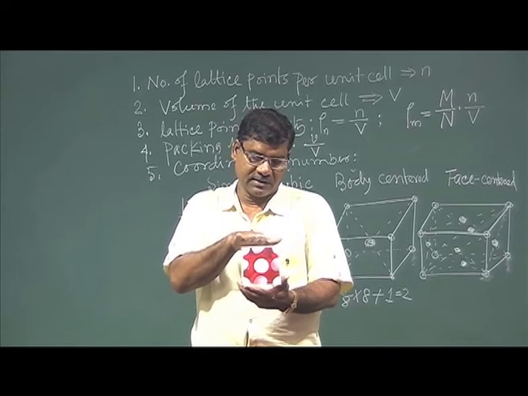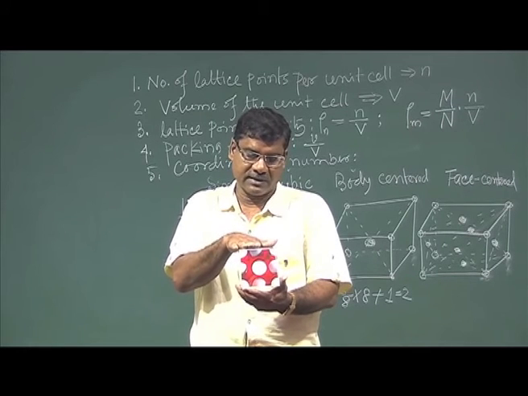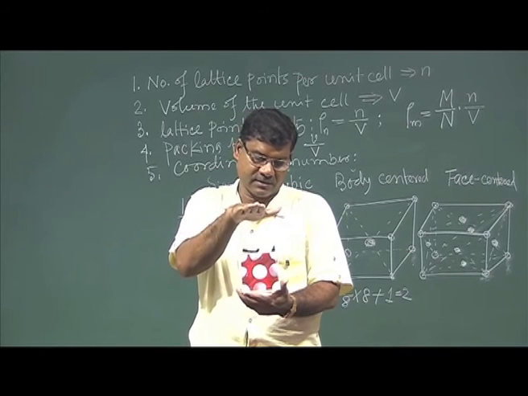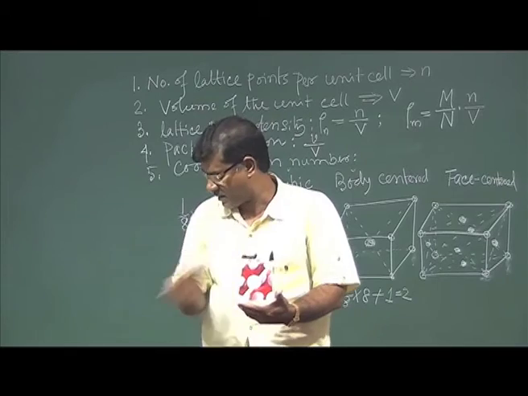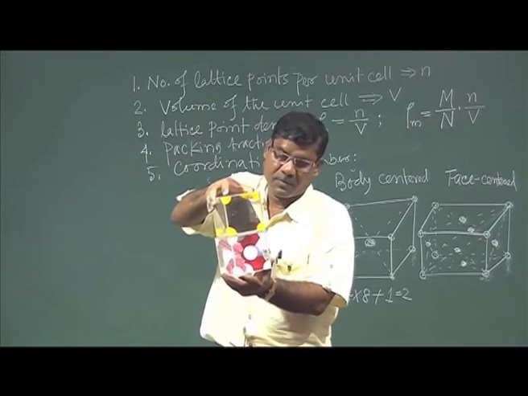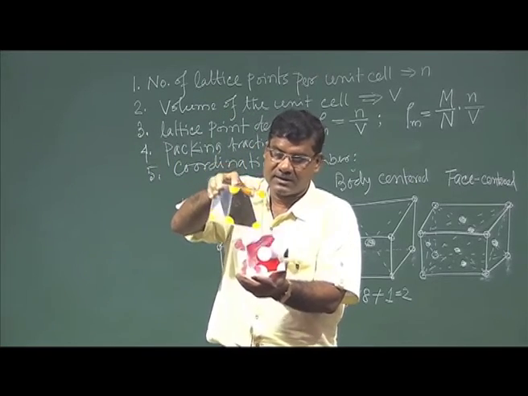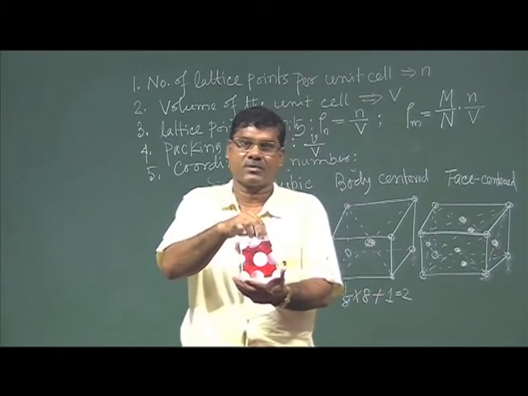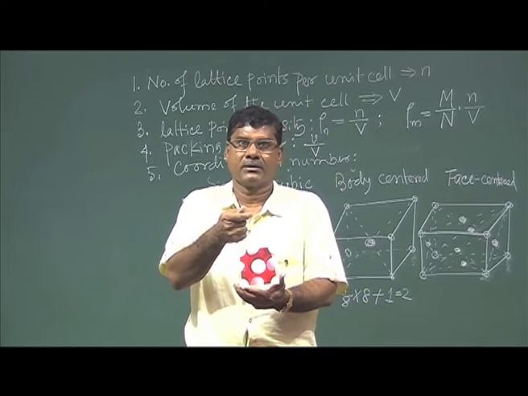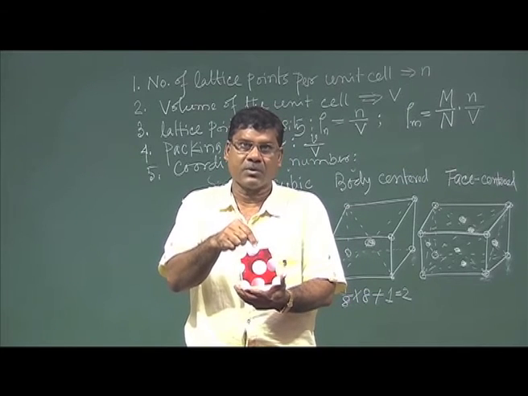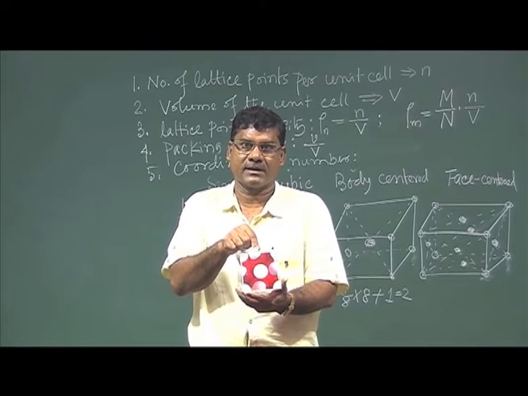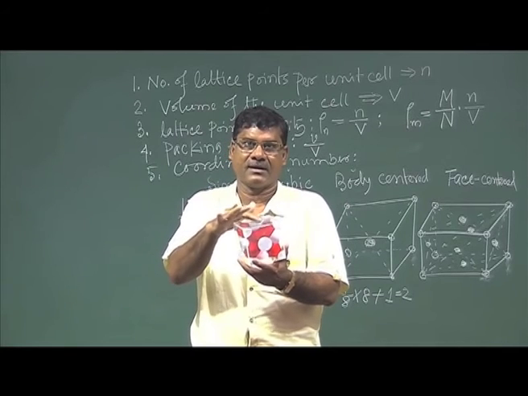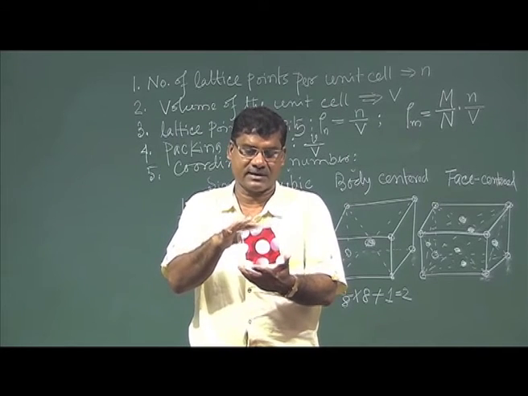Now, if you see this, each face will be attached with 2 unit cells. On top of it another unit cell. So, this face centered lattice point will share with 2 unit cells, so it will contribute half to each unit cell. That is why you can see half of the lattice point in this unit cell.